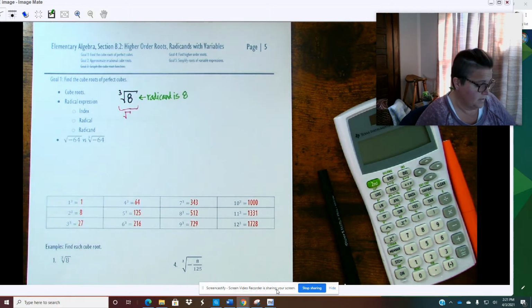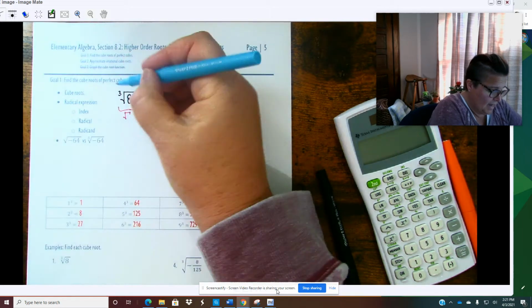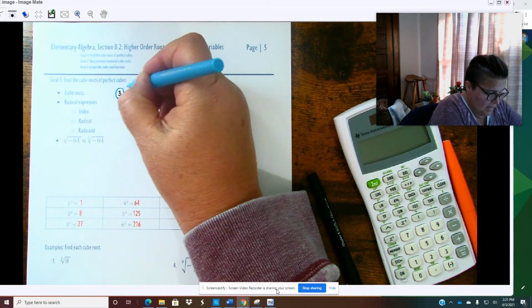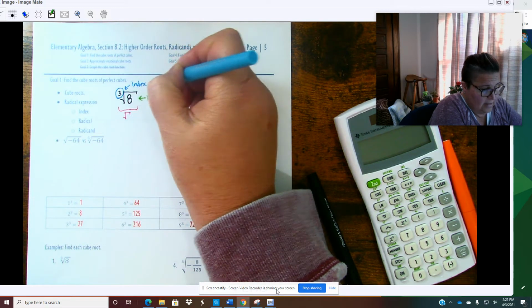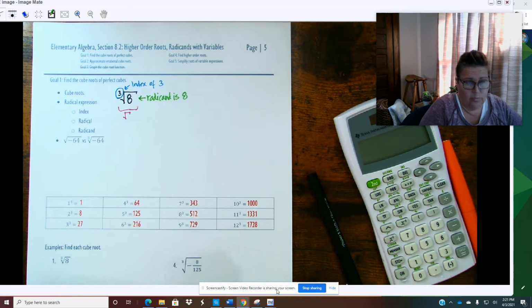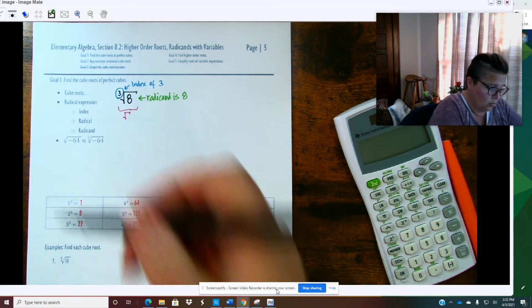And then for this one, we have an index of 3. That's what indicates the cube root. So the radical is, again, that sort of checkmark symbol. You will see the radicand underneath the radical sign. The index is the 3. This tells us that we're looking for a cube root.